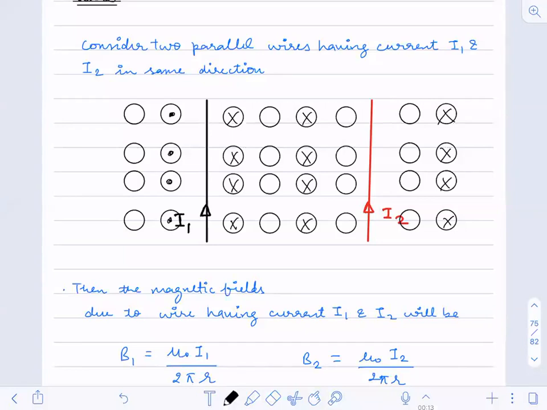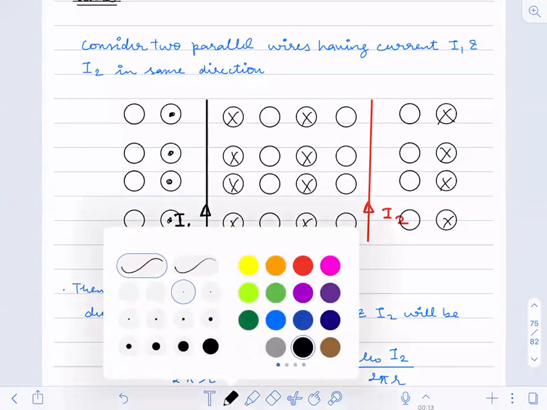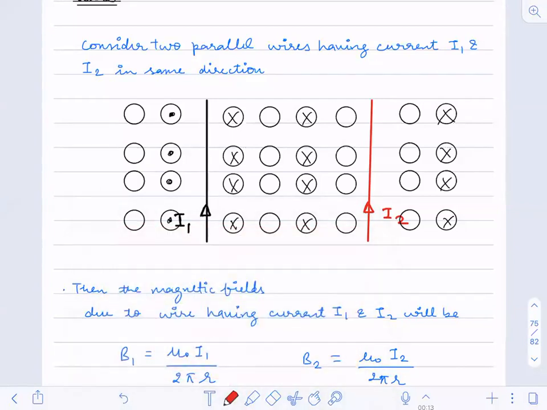Now, due to the red colored wire, the magnetic field direction for these points, will it be downward or will it be upward? Yes, it will be inward.